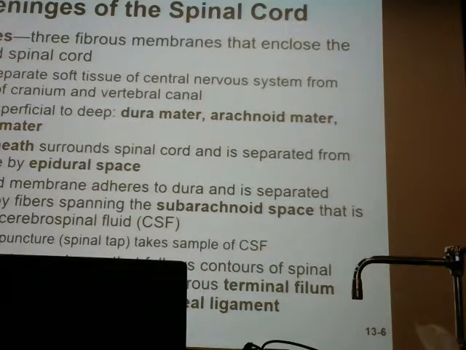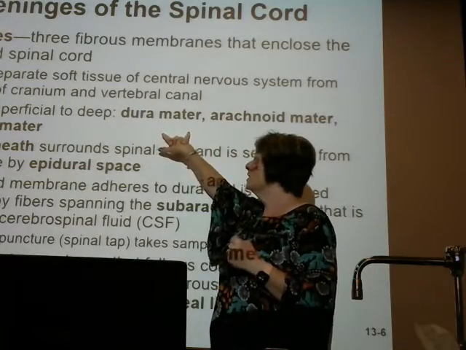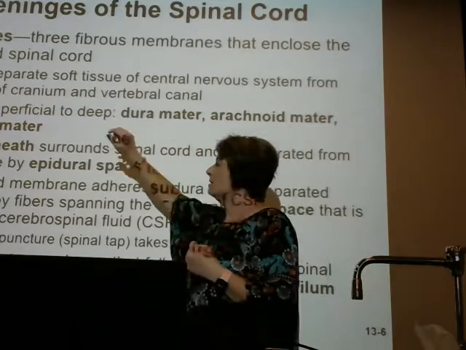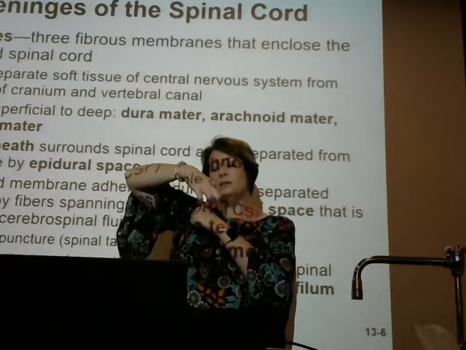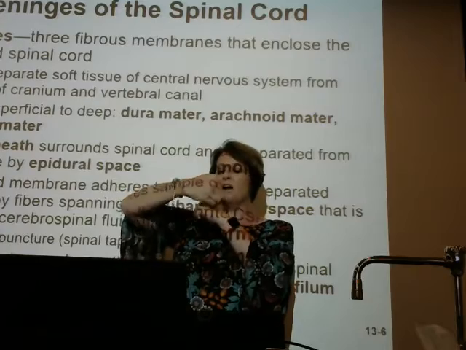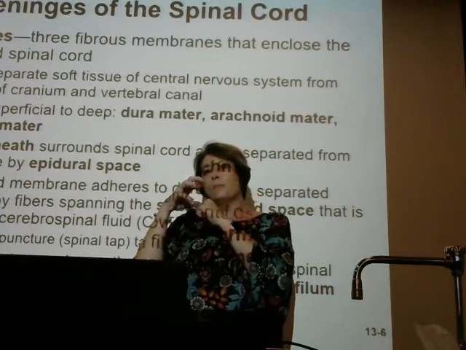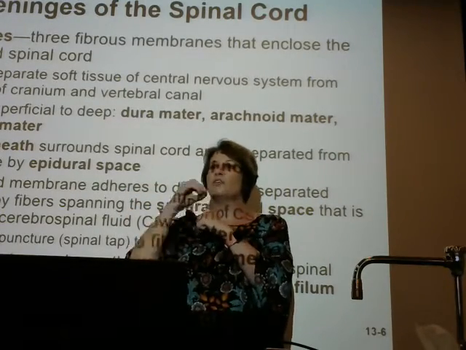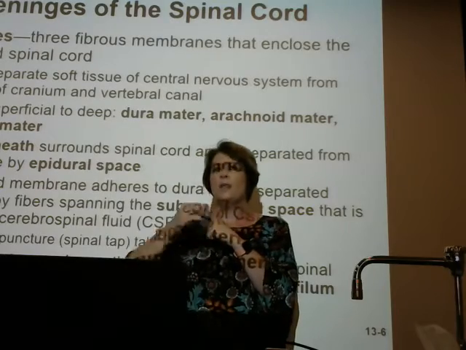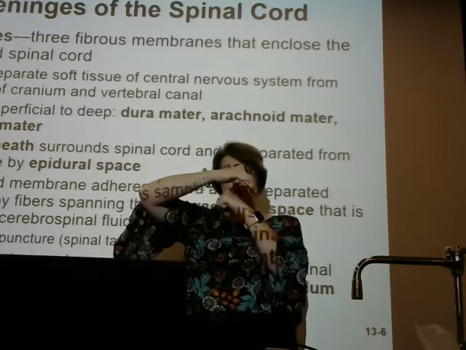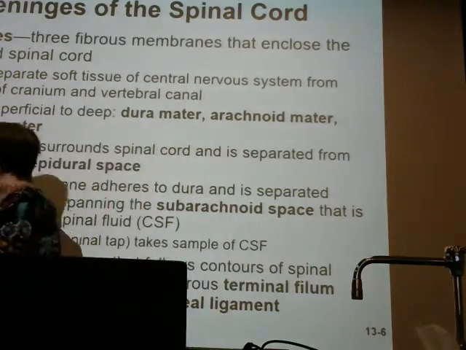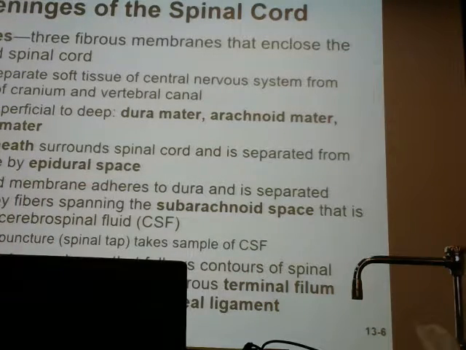So, we're going to have our dura mater, arachnoid mater, the pia. The pia is the one that's just covering the structure for every single groove. The outermost layer, that one's going to be our dura mater.